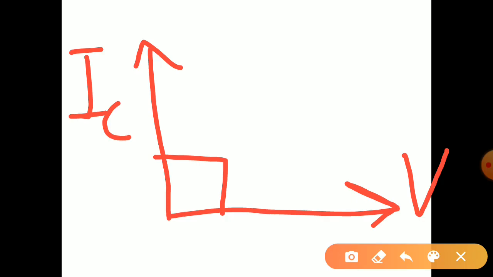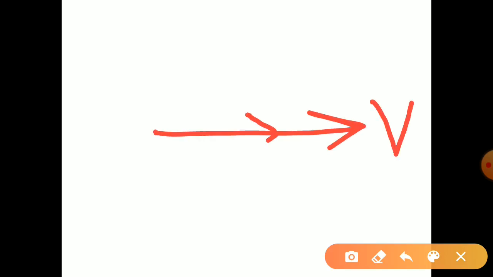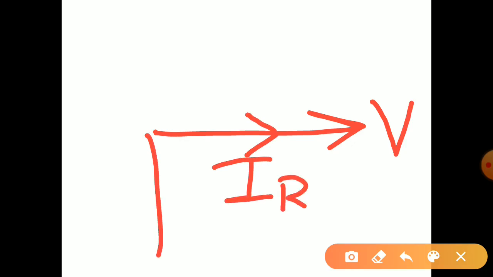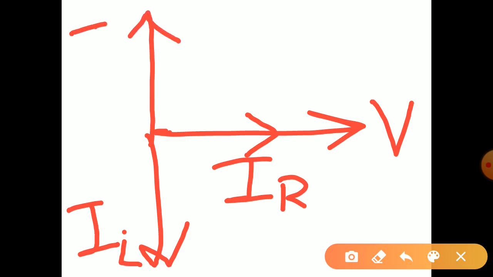If we draw these three phasors combined in a diagram, then we can draw it like this. Voltage V in phase with IR current, inductive current IL with a lag of 90 degree and capacitive current with an angle of 90 degree lead.